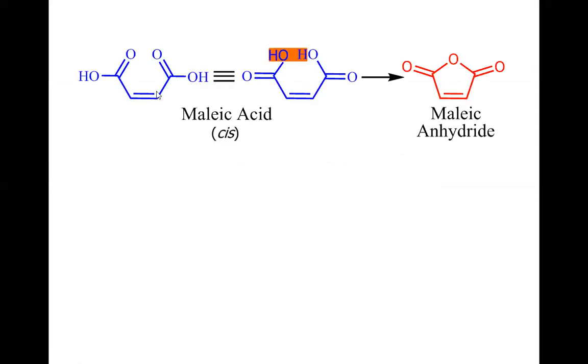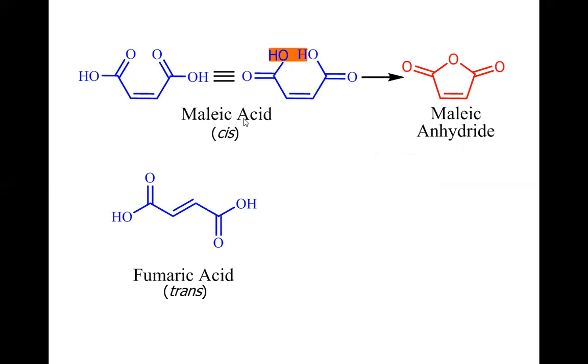So for the maleic acid, however, we have this sigma single bond that may be rotated to make these two hydroxys come closer to each other, and as a result, the water molecule may be departed if we heat this compound, that is the maleic acid. So we will have this maleic anhydride. Maleic anhydride is being formed because we have the two hydroxys closer to each other.